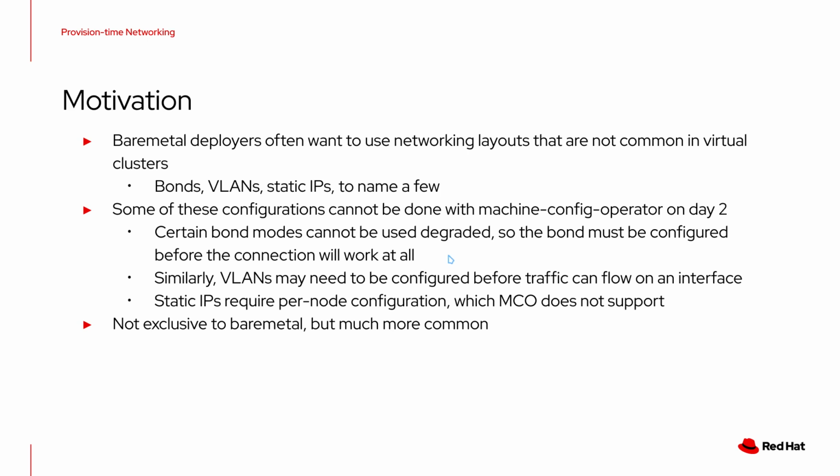And that couldn't do static IPs because the custom images couldn't be applied per node, and this feature has now added the ability to do configuration on a per node basis. So it was necessary. Some of these things could be worked around before, but this is, again, also a much better user experience just all around.